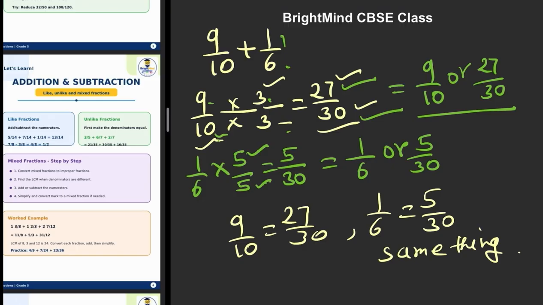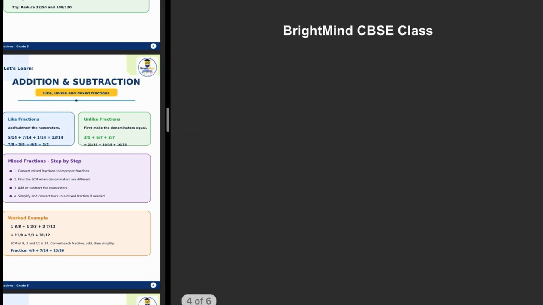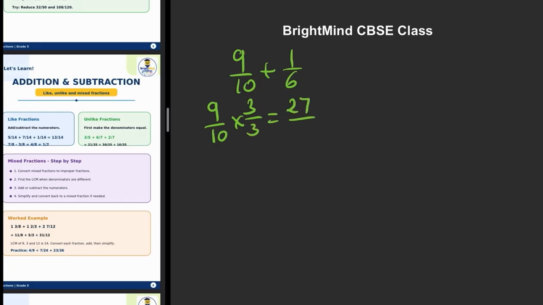We can add, so how can we write here? We can write 9 by 10 plus 1 by 6. First, 9 by 10 into 3 over 3 will become 27 by 30, plus 1 by 6 into 5 over 5 will become 5 by 30.